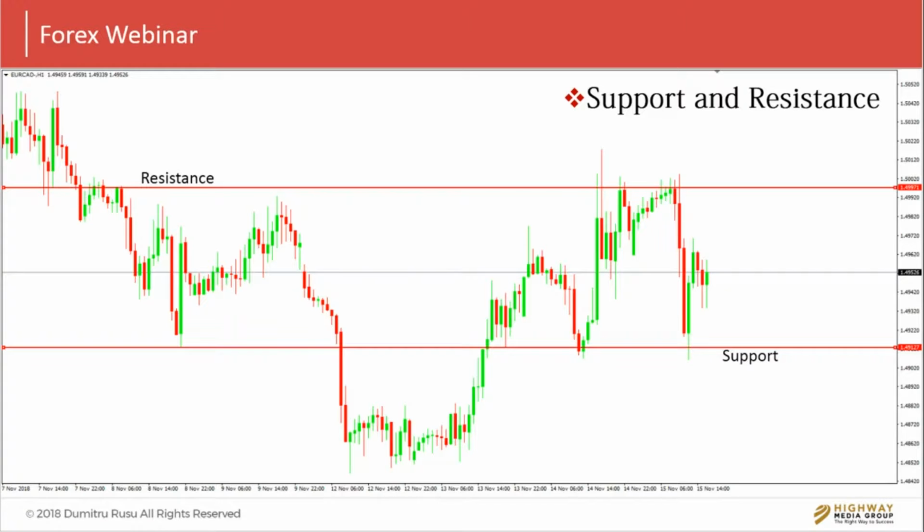If you are able to use the stochastic oscillator, which I showed you how to calibrate and use in our previous webinar, you will be able to understand why the support acts like it does, because usually the price will go low, and once the demand is increasing on the stochastic, you're going to see it cross below the line of 20, which acts as our support, and it will rebound.